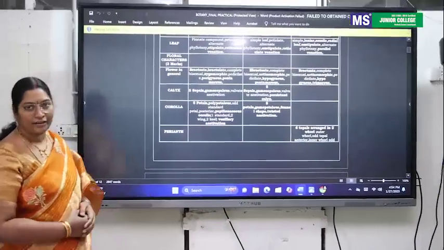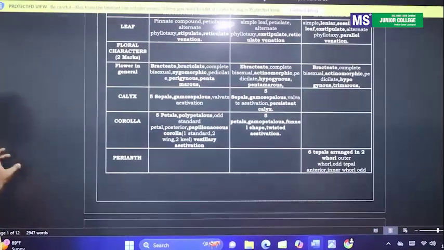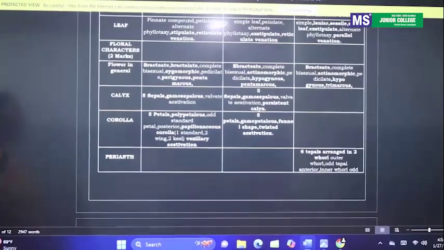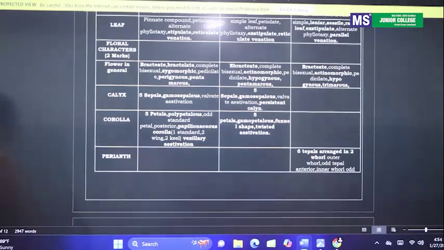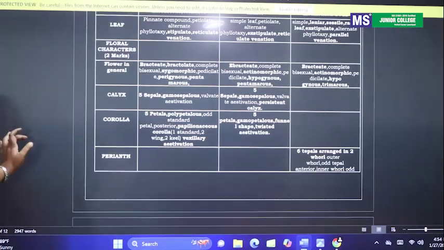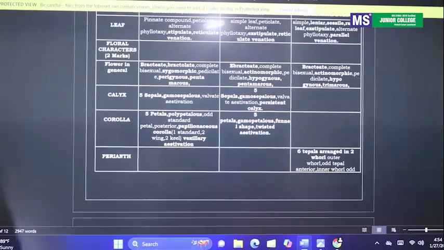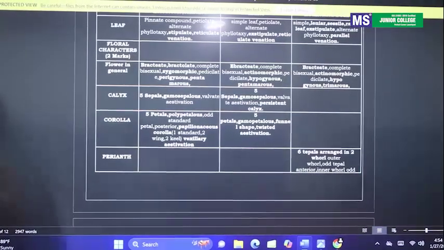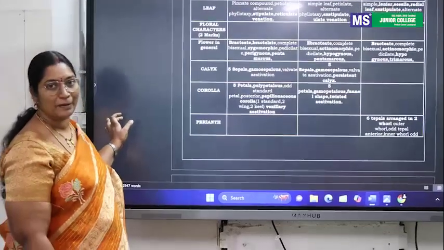If you are observing Fabaceae members, they are bracteate, bracteolate, complete, bisexual, zygomorphic, pedicellate, perigynous, and the flower is pentamerous. In Solanaceae, ebracteate, complete flower, bisexual, actinomorphic, pedicellate, hypogynous, and also pentamerous.